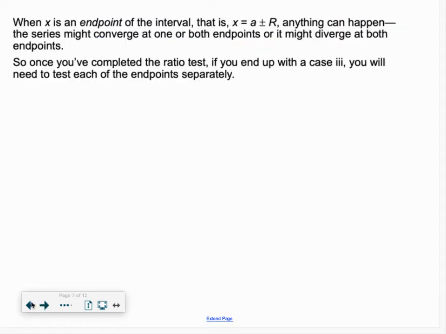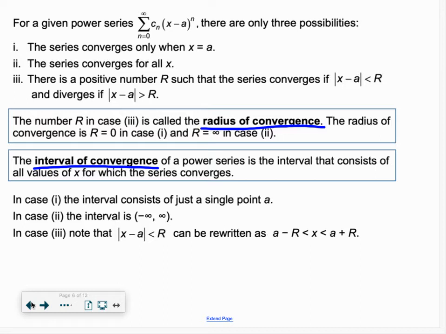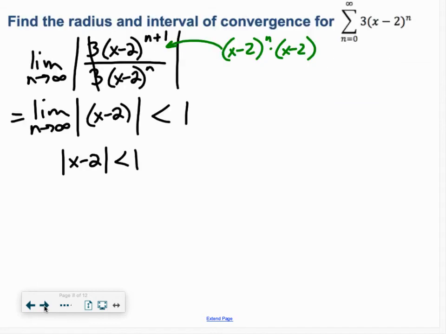And if you look back on this page, the radius of convergence, if you have absolute x minus a is less than r, whatever this number is, that's your radius. So our r is 1.